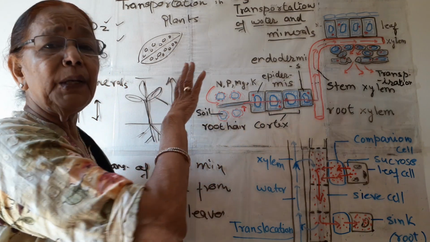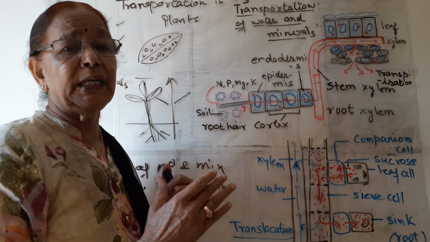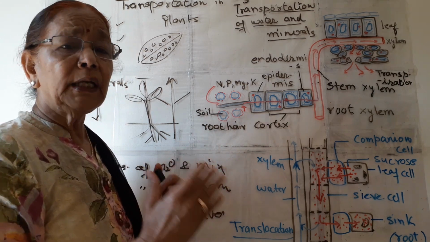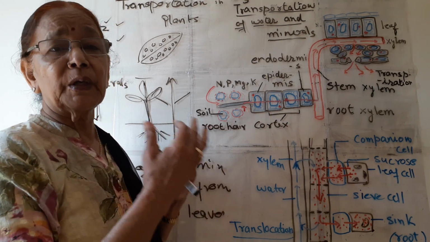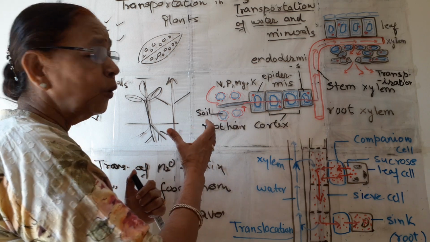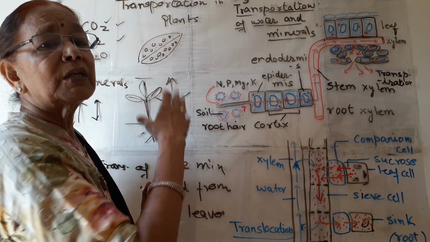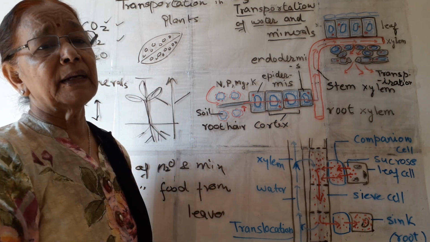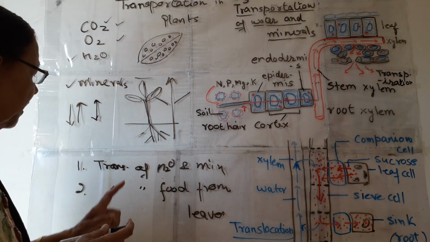They are at one place and they have low energy needs. So they don't need a quick or fast transportation system. Instead, a slow transportation system is enough for supplying these raw materials in the plant. So we will discuss one by one.